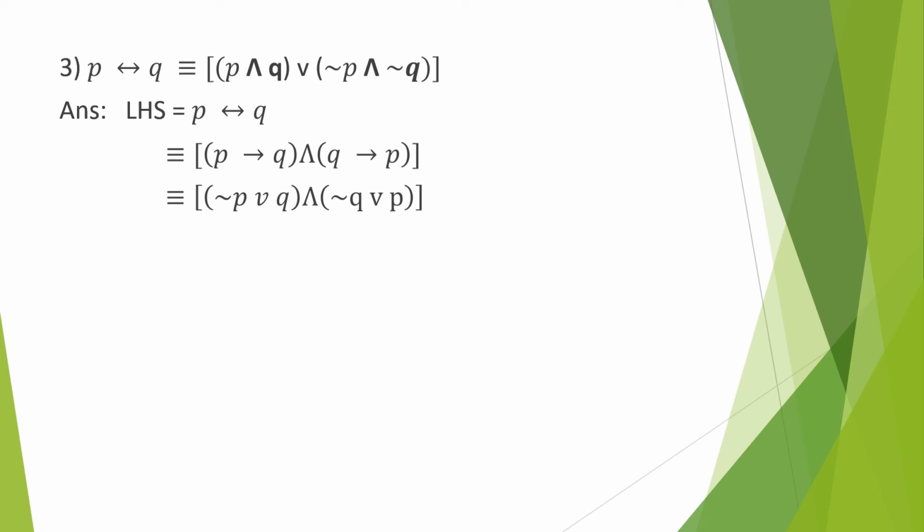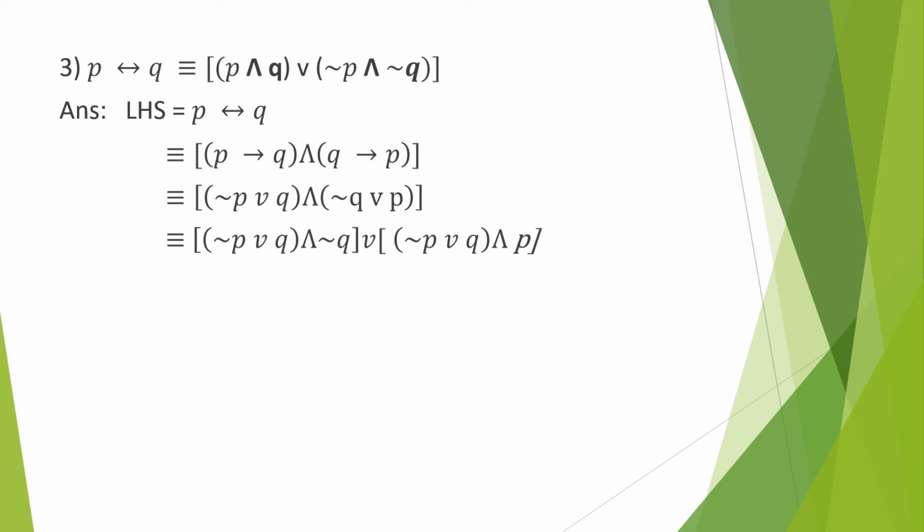Now apply the distributive property. So for that, consider negation P or Q as one term. So A and B or C is A and B or A and C. Therefore, the logically equivalent statement to this is negation P or Q and negation Q, or negation P or Q and P. Apply the distributive property again to both the brackets.